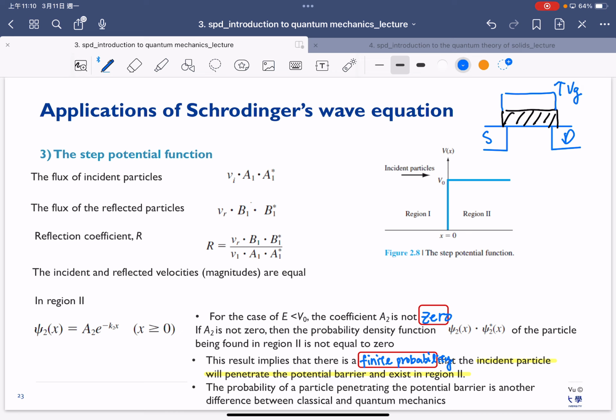So that means once we apply the gate bias, the electron can have a certain probability to exist in the dielectric.